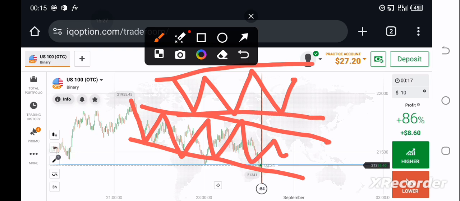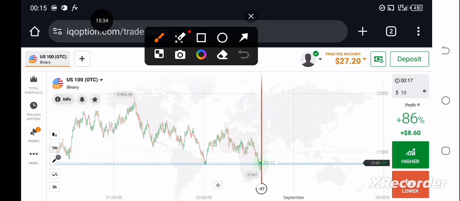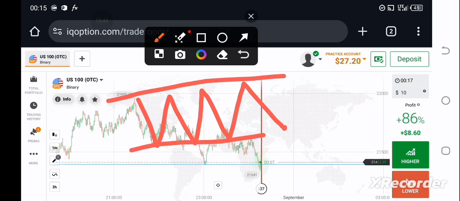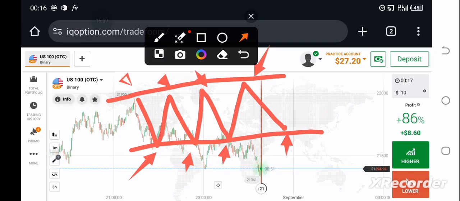So if you are in a flat market, the buyers will always enter. If this is a flat or ranging market, like this, this is resistance, this is support. So buyers will always enter from the resistance and the support zones. Buyers will enter from here like this, sellers will enter from here like this.